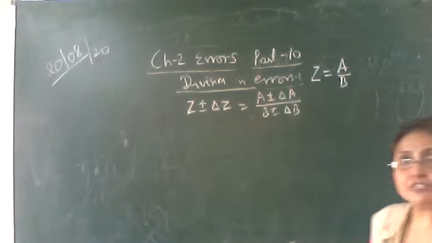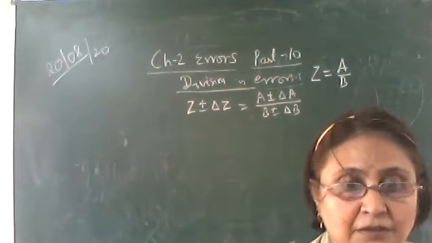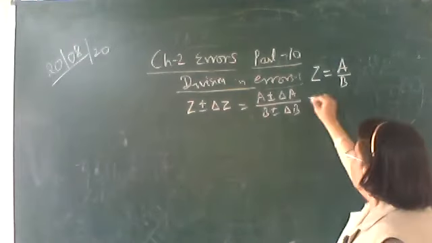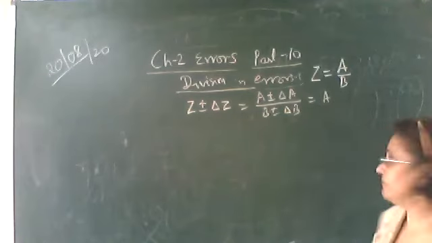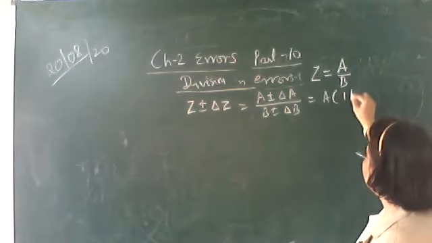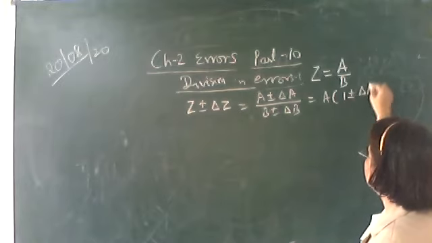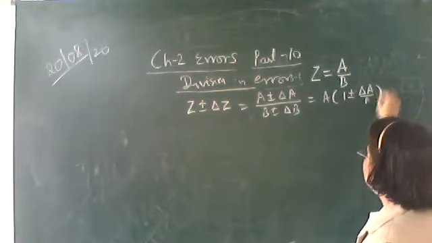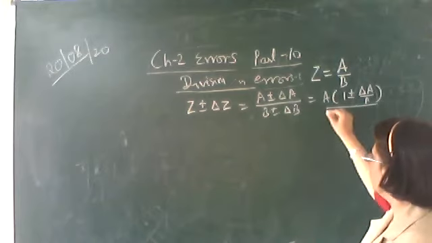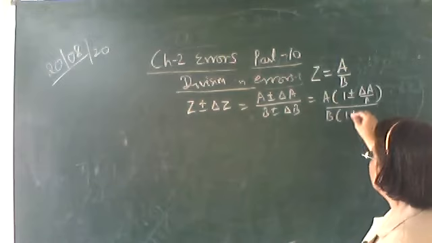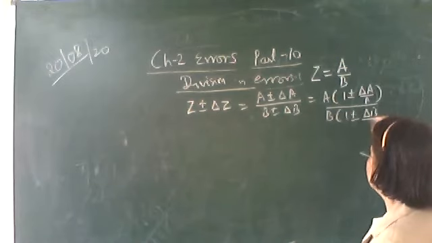Now in order to simplify it, let us take a common from the numerator. When we take a common, we get 1 plus minus delta a upon a. Similarly, from the denominator, take b common, so we get b into 1 plus minus delta b upon b.